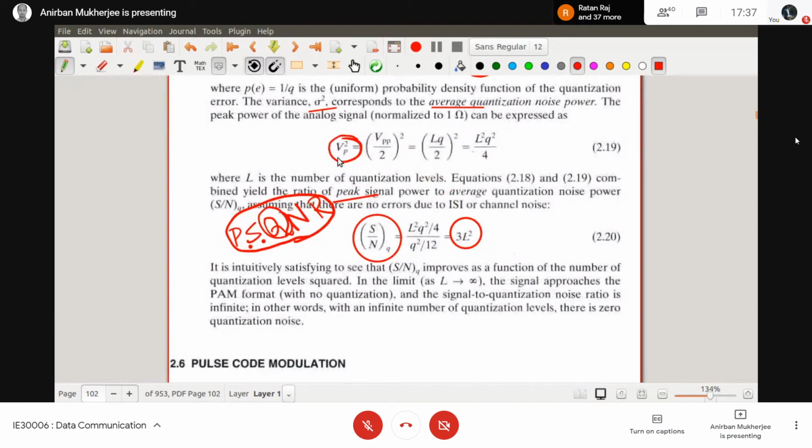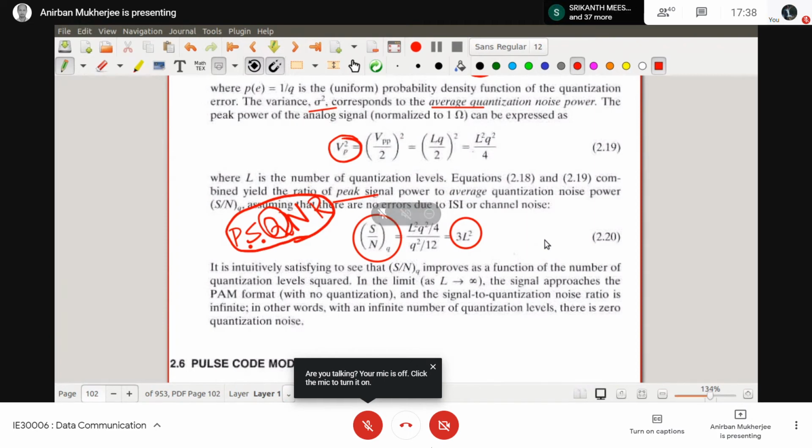Also, the ADC will be costly. That is another point. But if you want a better peak signal to quantization noise ratio, you have to buy the costly ADC, and also your signal quality will be better. Otherwise, what will happen?